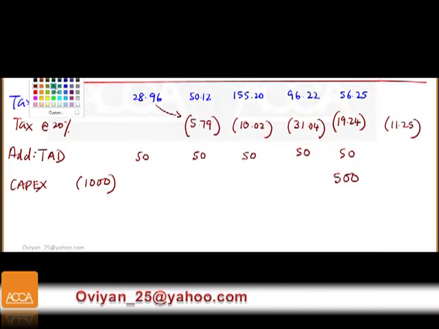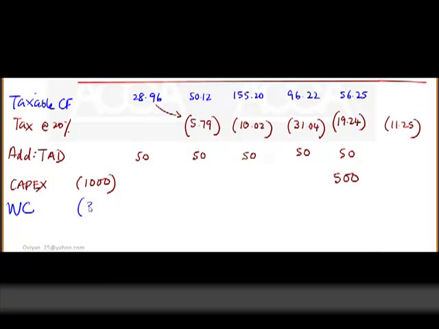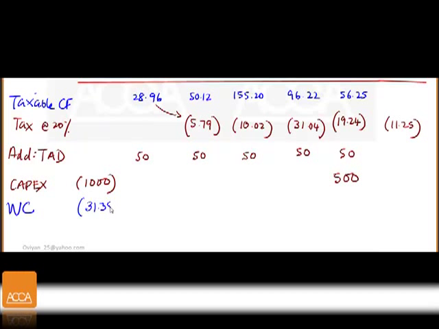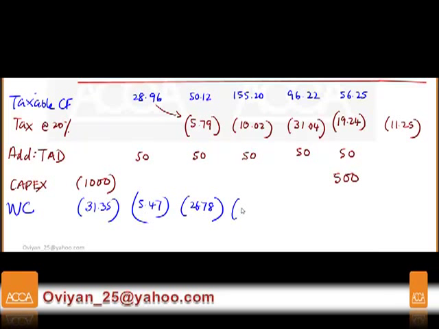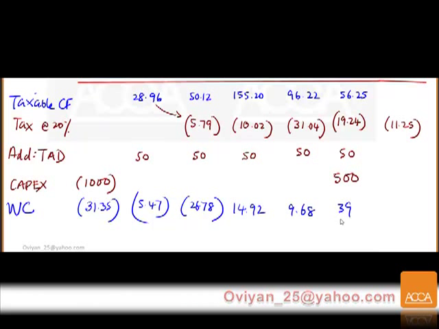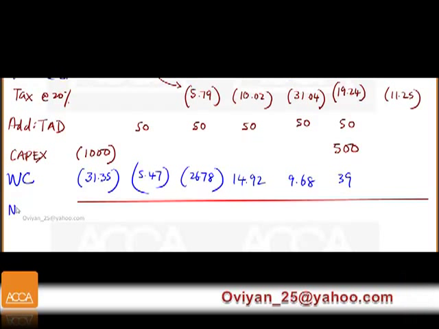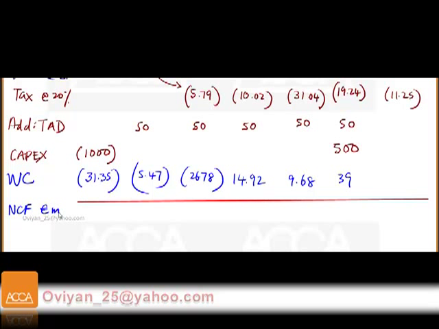Last one you're going to bring in, don't forget, is your working capital. Go back to your working capital. Working is 31.35. Then here you're going to get 5.47, 26.78, 14.92, 9.68. Okay, once you have finished this, you're going to total this up and you're going to get the net cash flows in euro million.